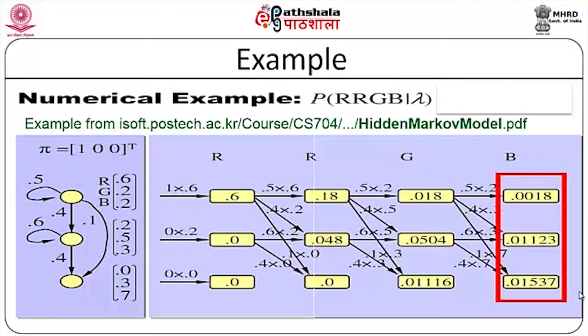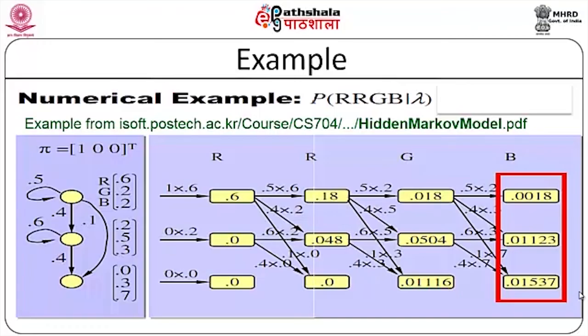Now, this is the interesting part. From the first state, what is the probability of going to the next state, and you have got an R, that is, you have got red. From 1 to 1 the probability is 0.5 and the probability of emitting R is 0.6.